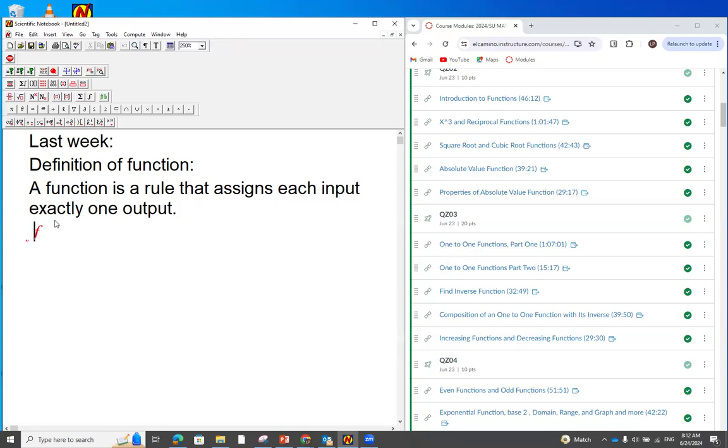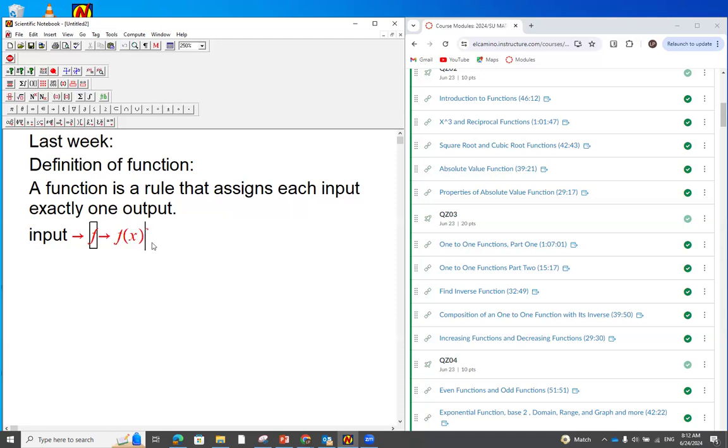So it functions as a rule, and we take this rule, and this rule takes input, and it produces output, okay? The output used to be called y, but in this course, you're gonna learn how that's gonna be called f of x.